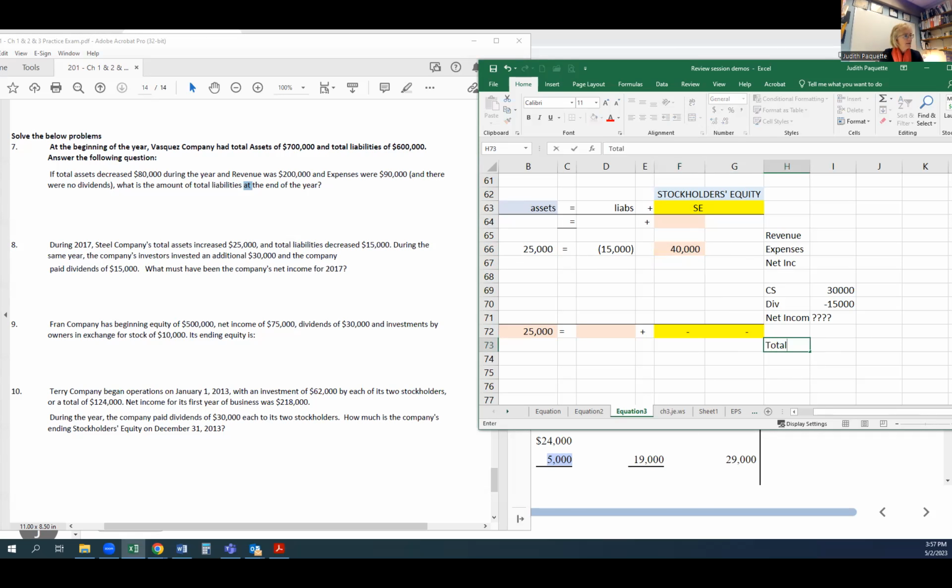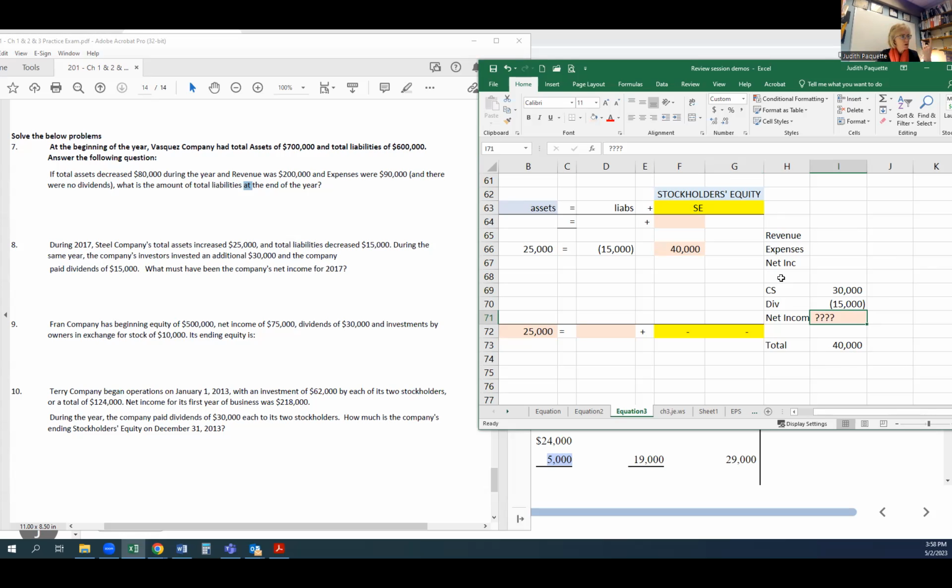So this number has to be 40. We already know that we had an increase of 30, a decrease of 15. So what number do we need here so that these three numbers add up to 40? That's your net income number. Remember, all of these events occur under stockholders' equity.